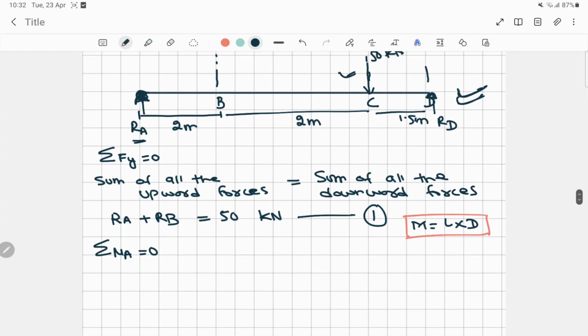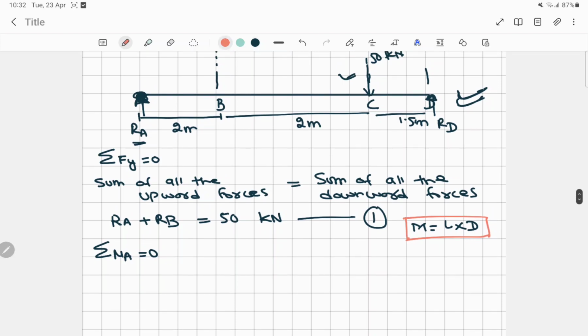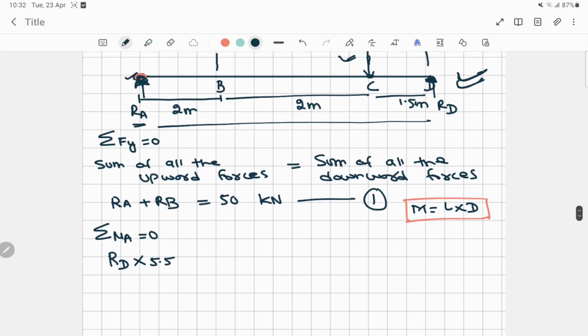Now to reach this point, RD into the distance that this force will cover, the total distance, is 5.5, right? 5.5. Again at point C, one force is there, that is 50 kilonewton.